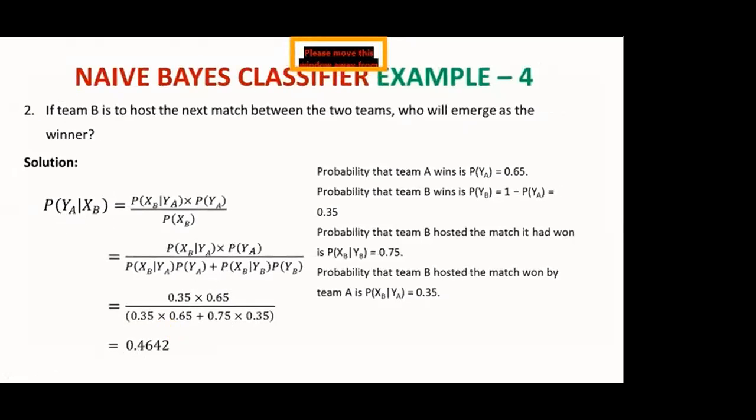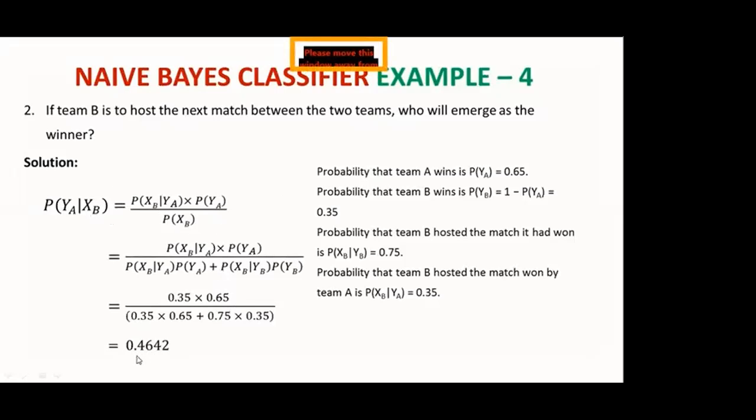Next, we have to find out the probability of team A winning the match when it is hosted in team B ground. We can substitute in the same formula: P of XB given YA, probability of YA, divided by probability of XB. If you substitute this, you will get the answer 0.4642. Is it clear?